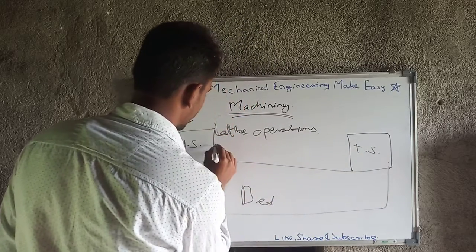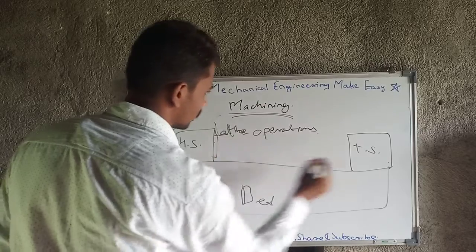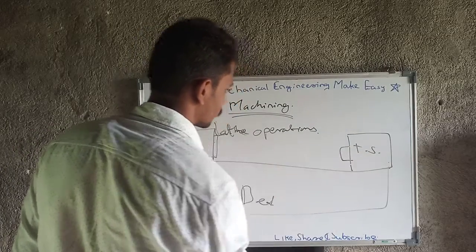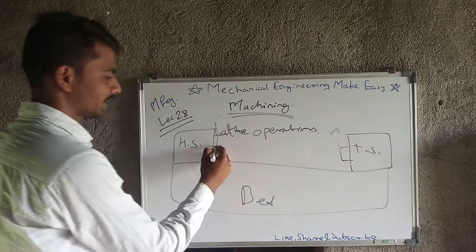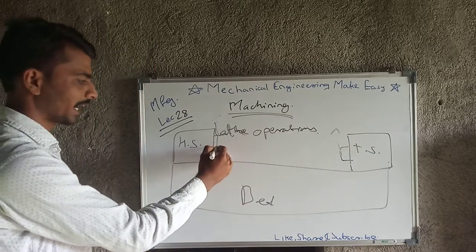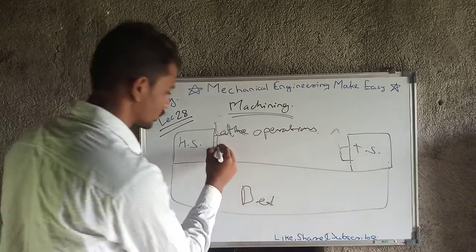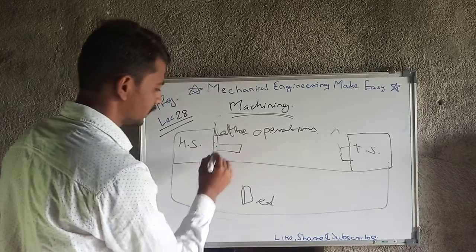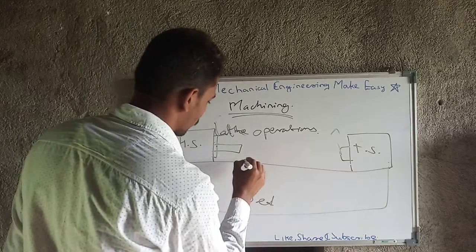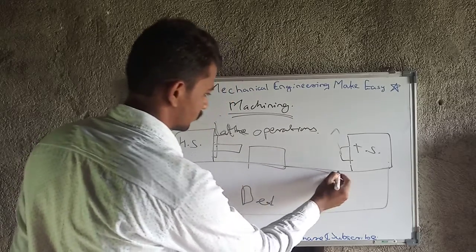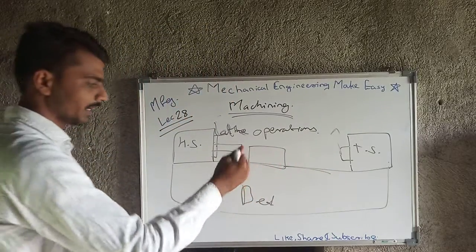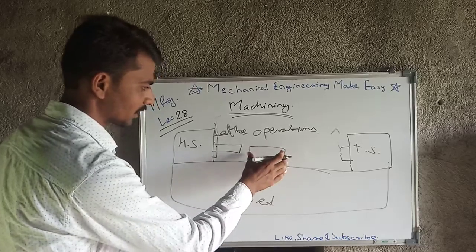Okay, here the chuck will be there, here also one small chuck will be there, and here this chuck will be different, and this is a 3-jaw chuck. Primarily 99% this chuck will be a 3-jaw chuck. Here the workpiece will be held, and here the carriage will be there. In 2D view I can't give you all the idea about that. Okay, here the carriage will be there.